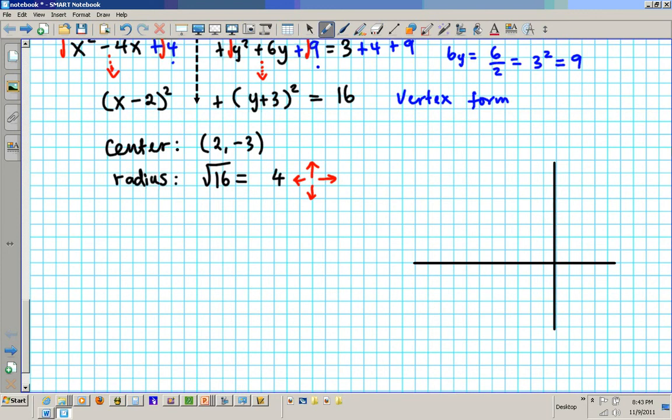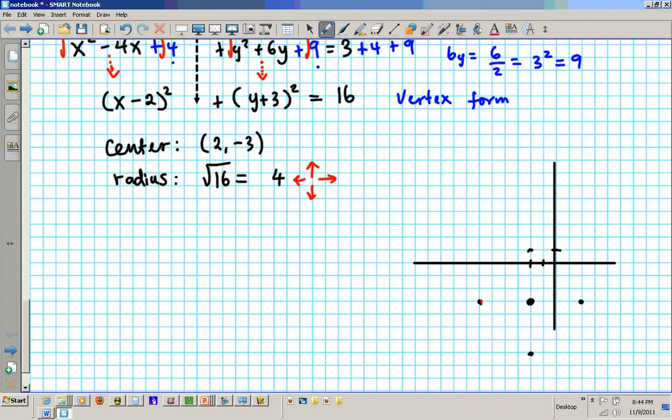Alright, so let's graph our center. Center is 2, and negative 3. So we're going to go 4 in all directions. 1, 2, 3, 4 each way.